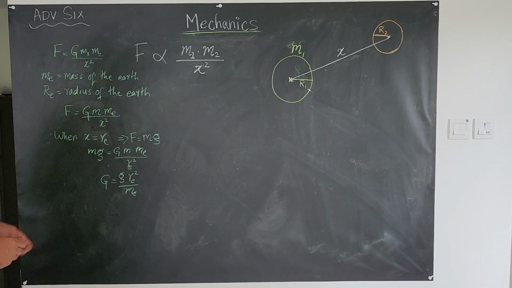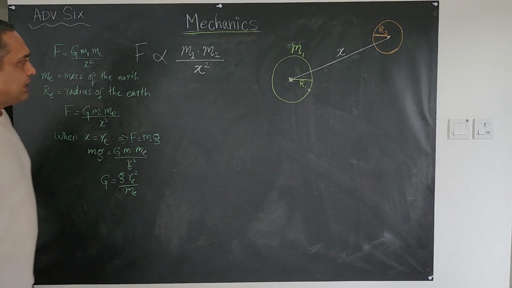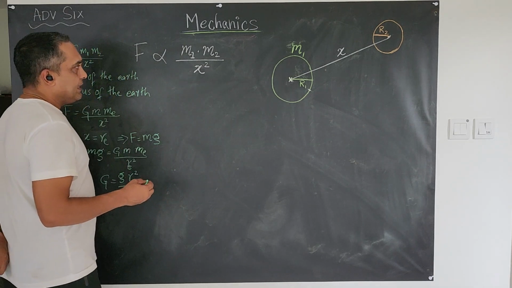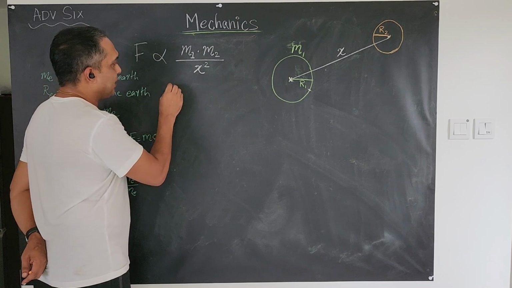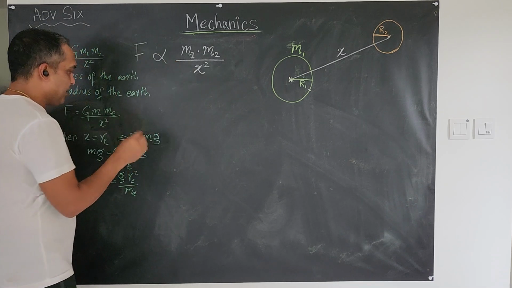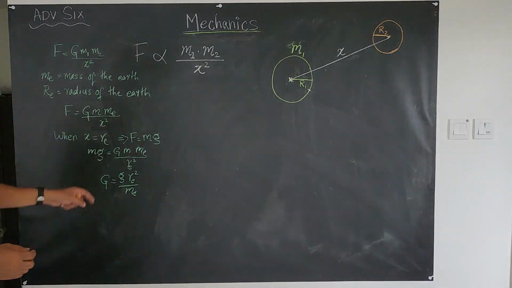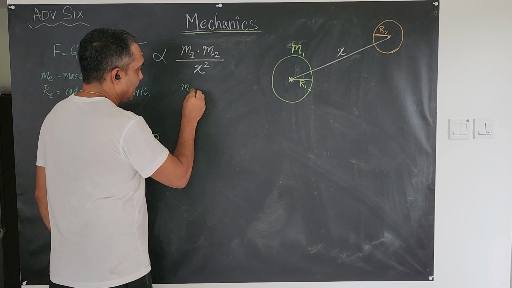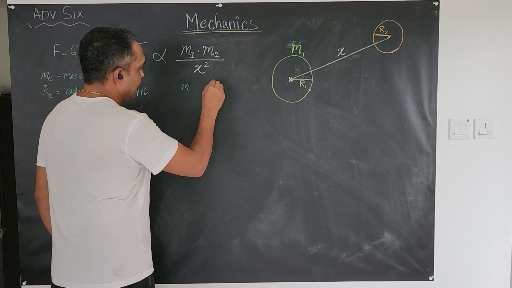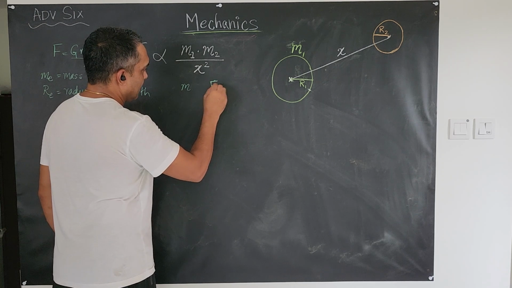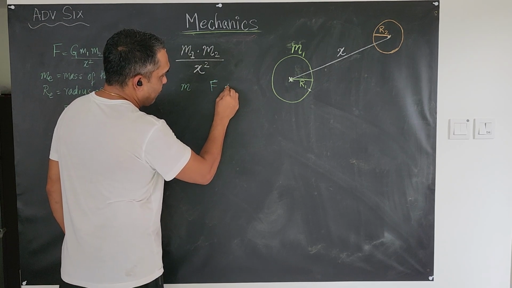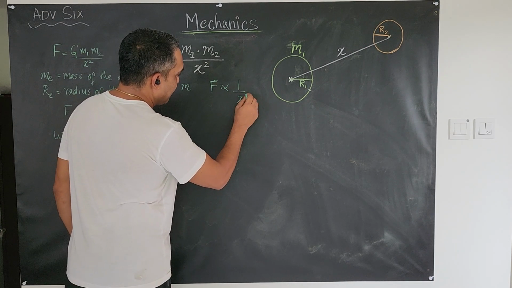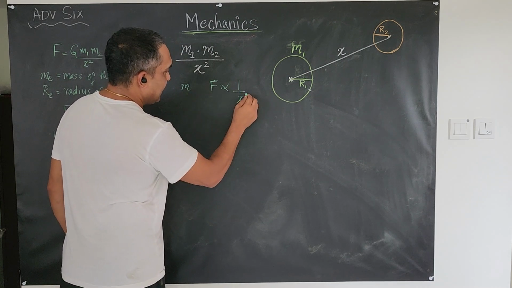But what I want to get to is to extend this a little bit and think of this in terms of how problems can be set up. So if you just knew that an object of mass m, and I'm continuing in green because I'll stay with this idea, an object of mass m would experience a force that is inversely proportional to its distance from the center of mass of the Earth.